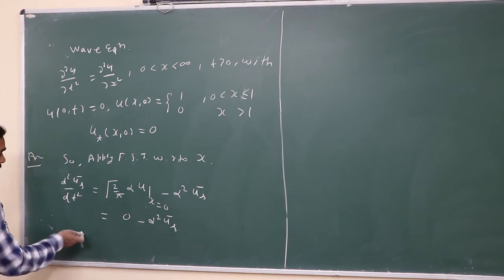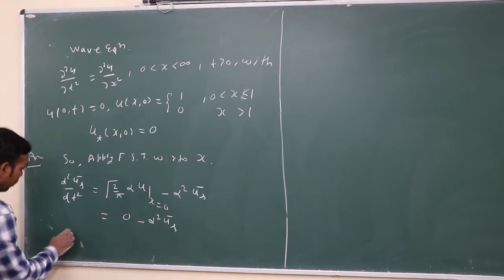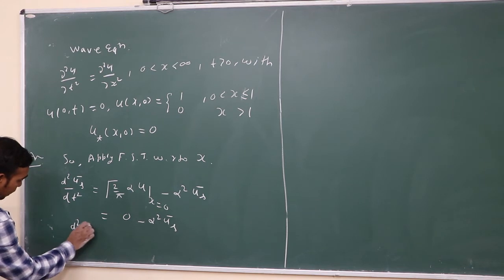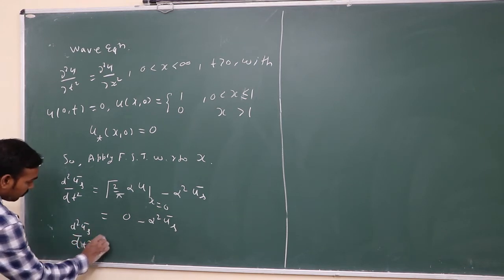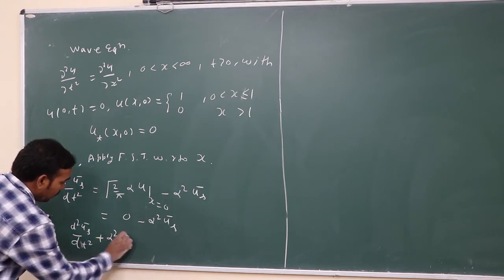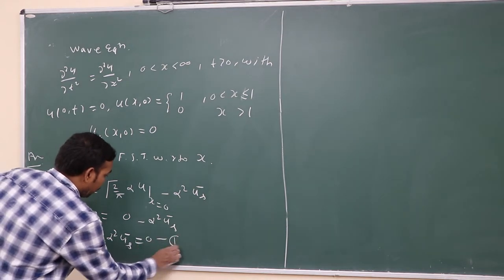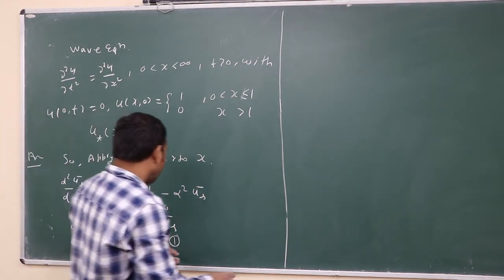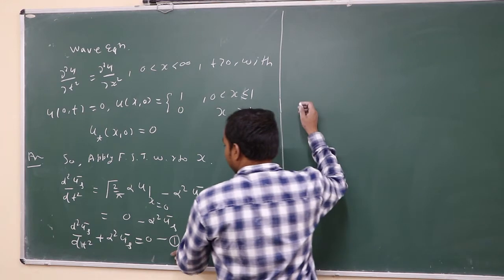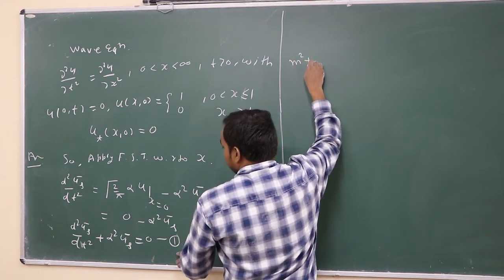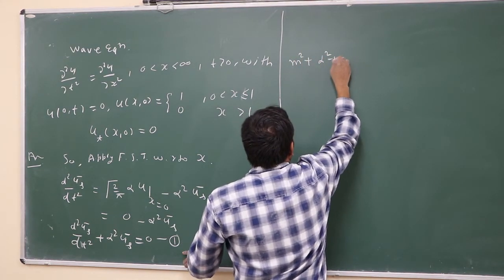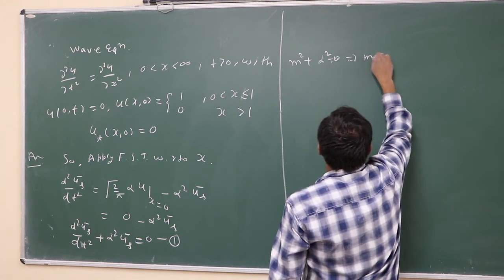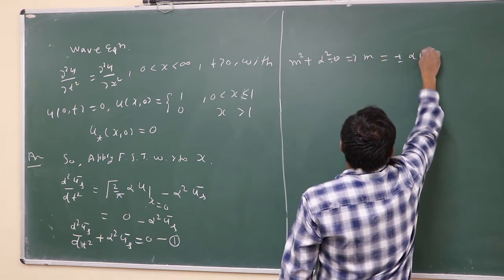So this is a differential equation with constant coefficients, which we can also write as d square u s bar upon dt square plus alpha square u s bar equal to 0, call it 1. The solution of this equation: m square plus alpha square equal to 0, and m equal to plus minus alpha i.